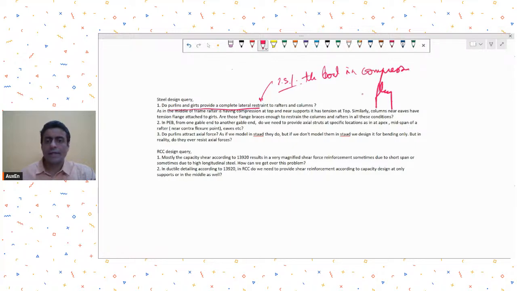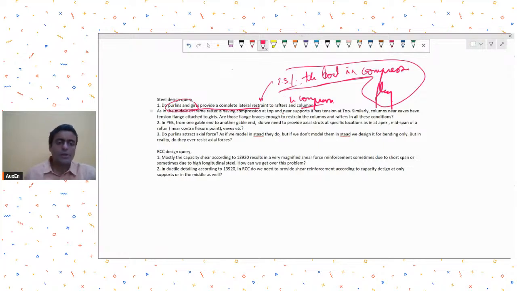So whatever is the axial load in compression flange, if your purlin or girt is able to take 2.5% of it in compression, that means the purlin or girt has to be checked in compression for the 2.5% of compression flange load. If it is able to take it, then we can say that purlins and girts provide lateral restraint, otherwise not.